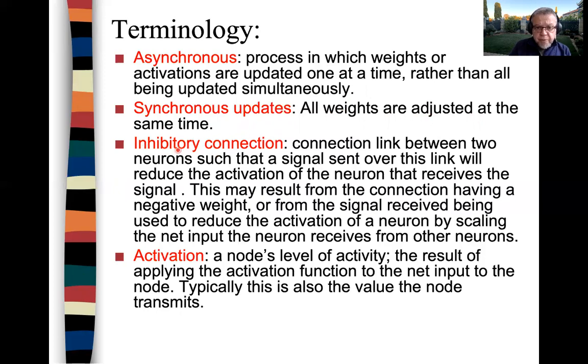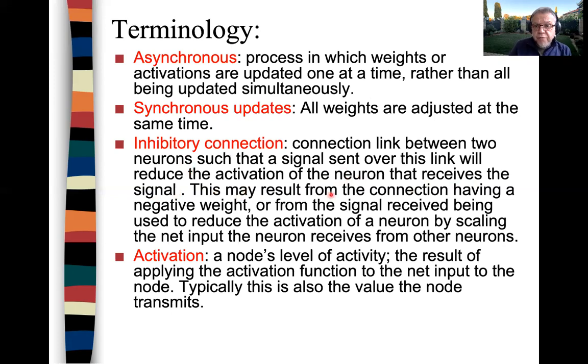You have the inhibitory connection, which we're going to see in the case of the Hebbian rule, as opposed to the excitatory connection. An inhibitory connection is a connection link between two neurons such that a signal sent over this link will reduce the activation of the neuron that receives the signal. So in this case, you're reducing the activation.